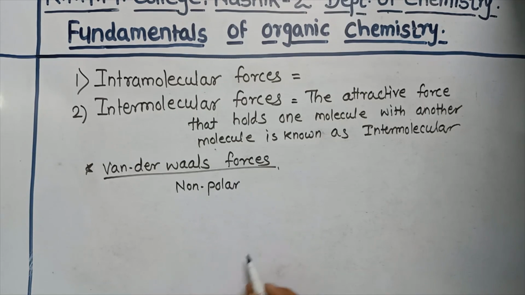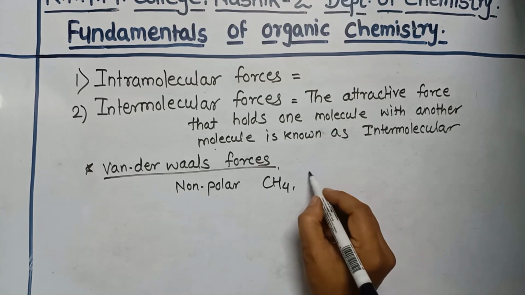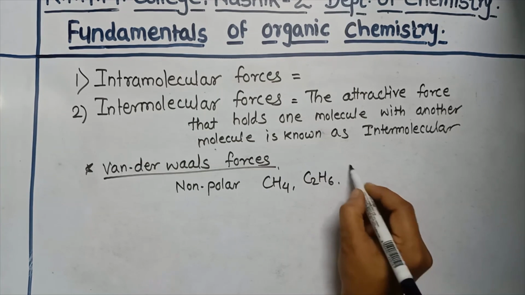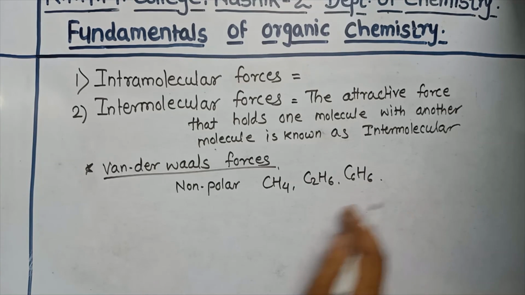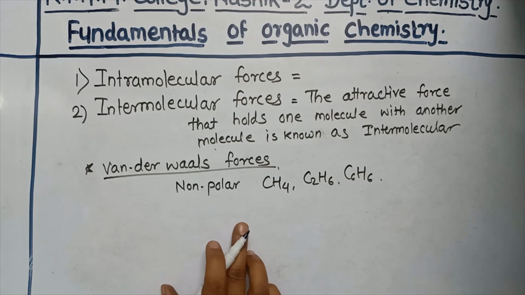Non-polar molecules means they don't have a pole. Examples are methane, ethane, benzene C6H6 and so on. Such compounds show van der Waals forces.